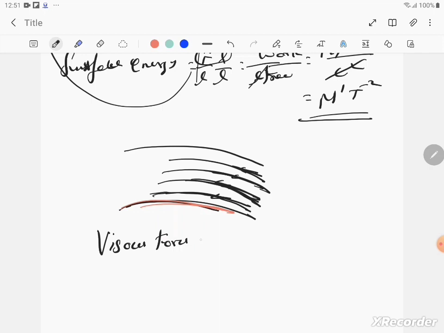The viscous force is directly proportional to the area of contact, because there's so much area which is getting pulled back by another. Also, each layer has a velocity v1, depending on the position x1 from the base. This will travel with the velocity v2, the position being x2 from the base of the nozzle. This will travel with the velocity v3, the position being x3. So for every position from the base of the nozzle, you have a different velocity.